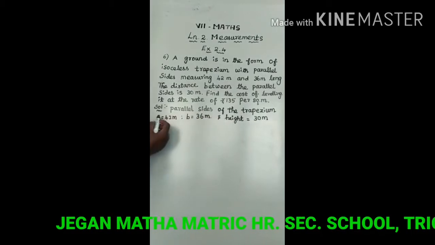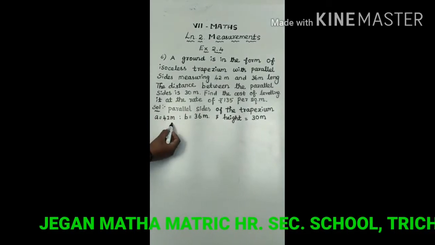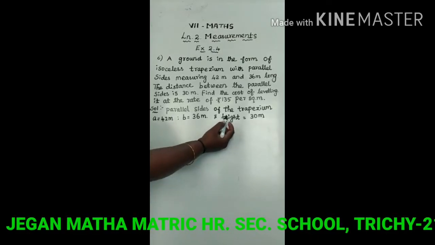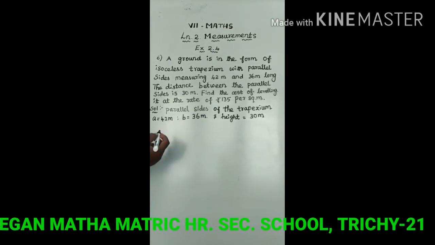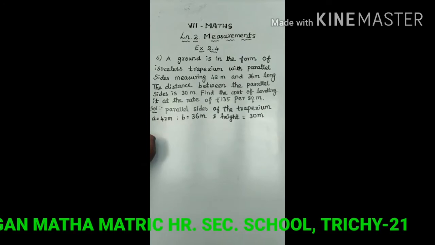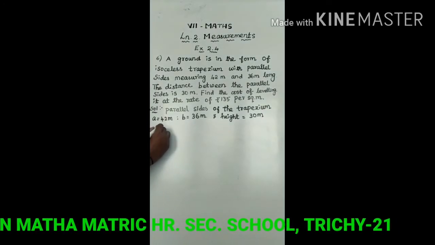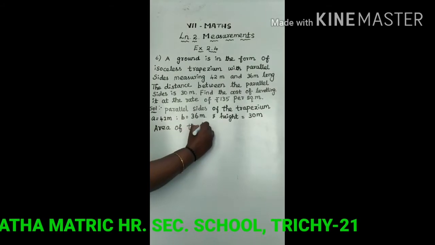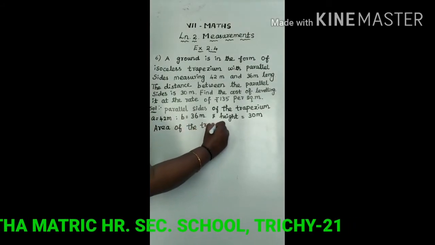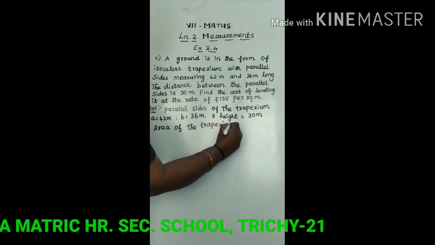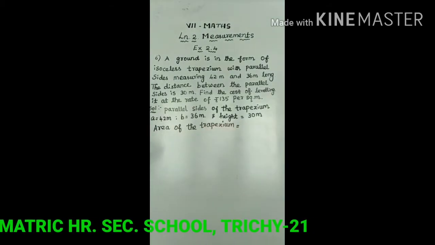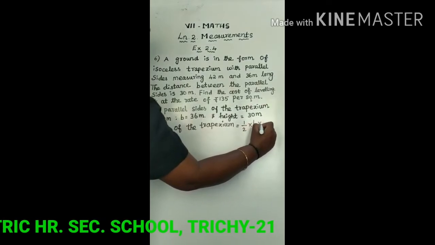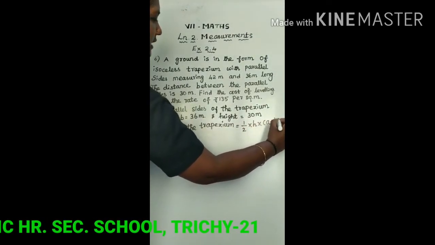The parallel sides of the trapezium are A equal to 42 meter, B equal to 36 meter, and also height is equal to 30 meter. So first we find the area of the trapezium. The area of the trapezium is equal to half into height into the sum of the two parallel sides.